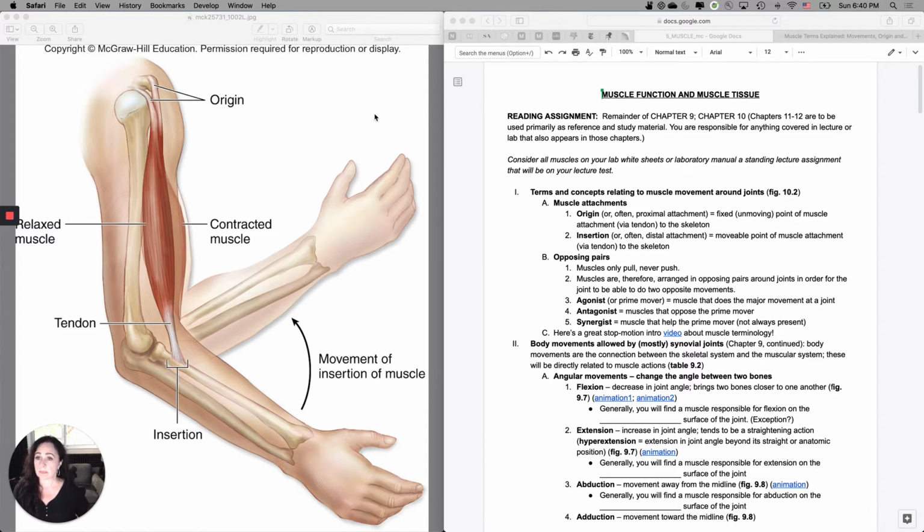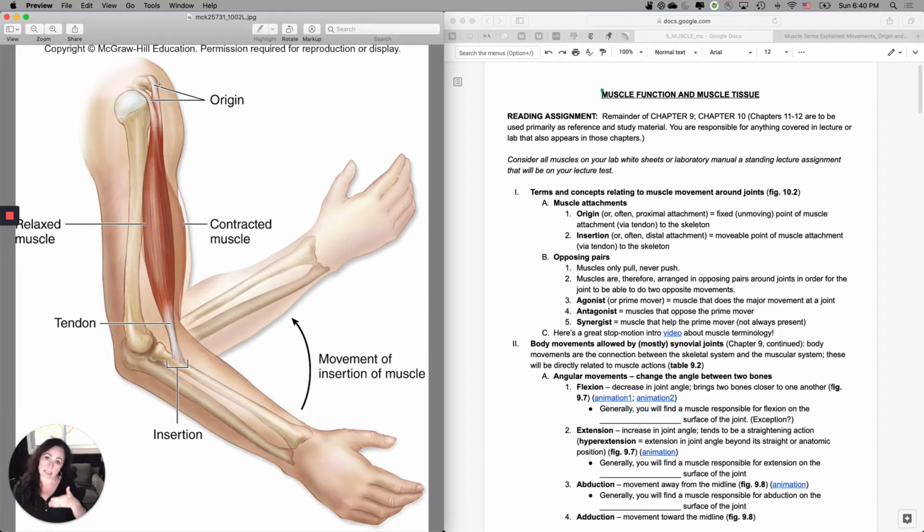Generally speaking, when the muscle contracts here, the origin is going to stay relatively stationary, and the insertion is going to move, and it's going to move in a pretty dependable way. So this is the fixed or immovable point of attachment, and this is the movable point of attachment.